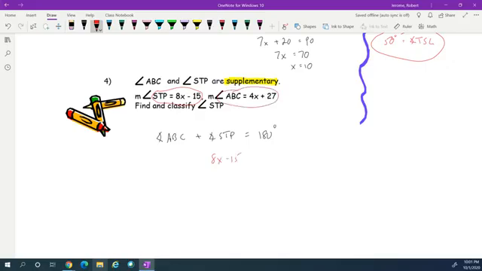And they gave us ABC, 4x plus 27. We're adding them to 180. It's 12x plus 12 equals 180. 12x equals 168. Divide by 12, x equals 14.